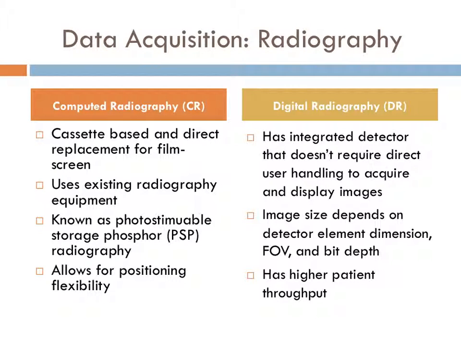All right, now I want to talk a little bit about general radiography. Usually today there are two types. There is computed radiography, which is CR, and digital radiography, which is DR. I'm sure you all know this already. You won't see a lot of places still left out there that are film-based. CR is cassette-based, and it is the direct replacement for film screen.